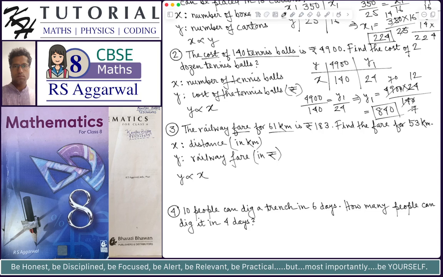The more the distance, the more will be the railway fare. So now let's create the table y x.